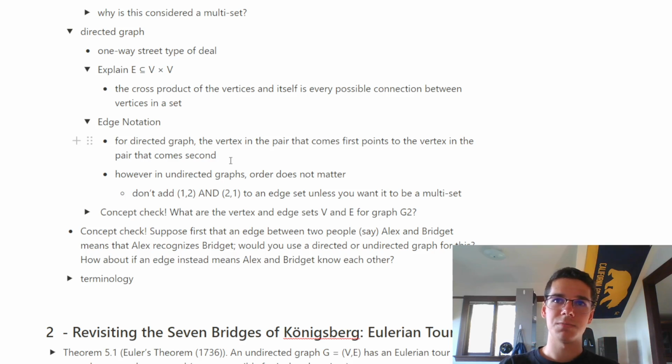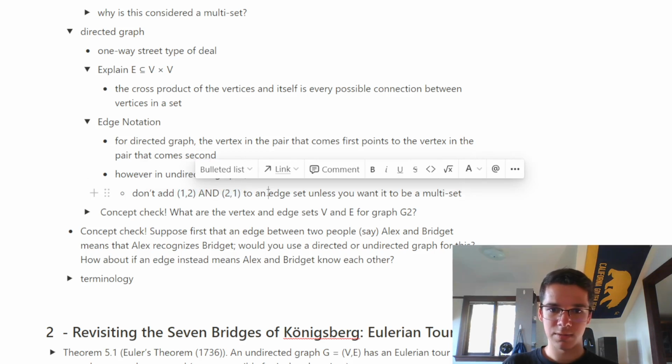And those pairs represent the connections between some node in V to some other node in V. And if we are dealing with an undirected graph, it doesn't really matter what order the vertices come in, but if it is a directed graph, then the first vertex points to the second vertex. And so you must sit at the first vertex and go to the next vertex. So order matters in directed graphs.